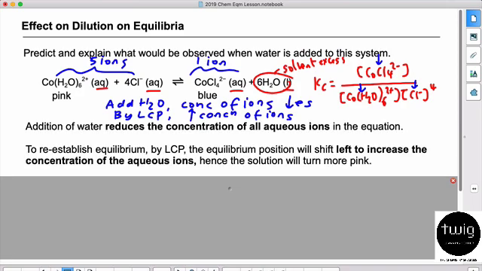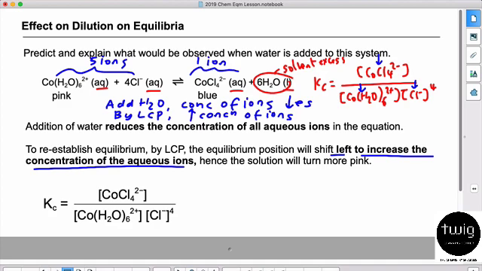Addition of water reduces the concentration of all the aqueous ions. To re-establish equilibrium, it will shift to the left to increase the concentration of the ions, and the solution will turn more pink. This is the dilution concept. It's a bit tricky. It always shifts to the side with more ions after dilution.